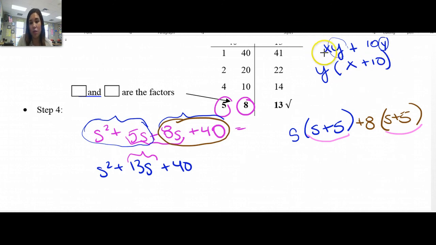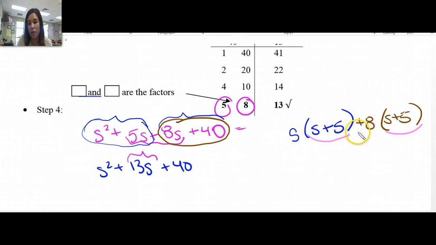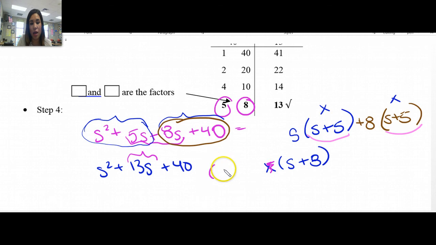Now, in this one, let's pretend that this is an x. Both of these have x in common. So if I factor that out, I'm left with s plus 8. But I don't actually have an x. What I actually have is s plus 5. So instead, what I'm factoring out is an s plus 5. So what I'm left with is s plus 5 times s plus 8.